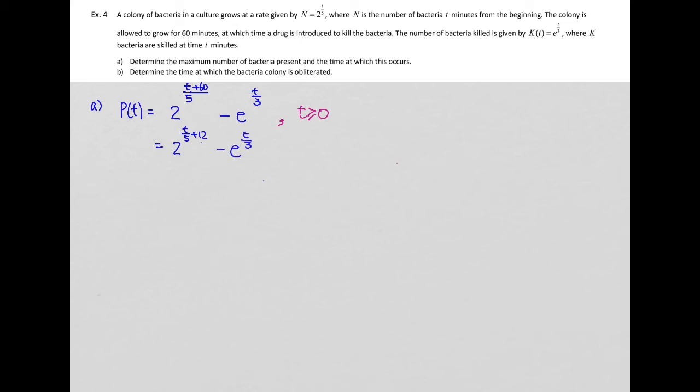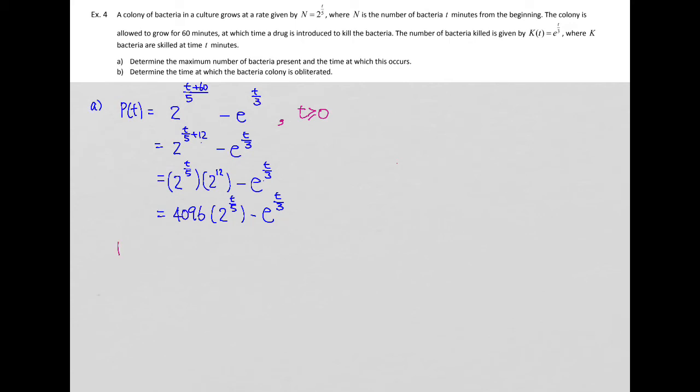And addition of the exponents really means originally it is a multiplication between two powers. So I can write it as 4096 times 2 to the exponent t over 5 minus e to the exponent t over 3. And that's my function.